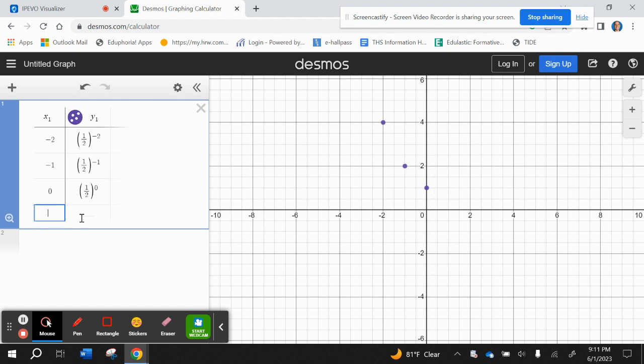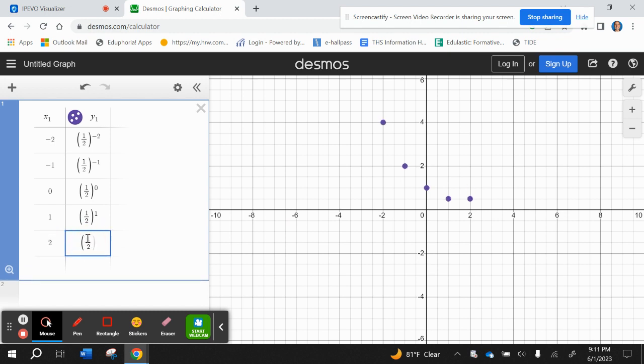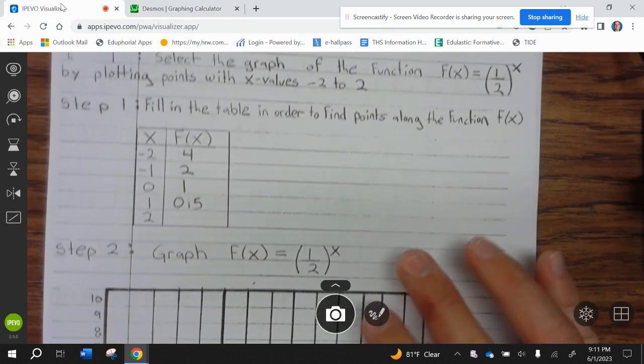And then 1 divided by 2 to the 1 is 0.5. And then 2 is 1 divided by 2 to the 2. Okay, 0.25.